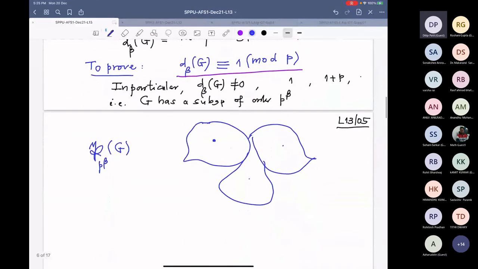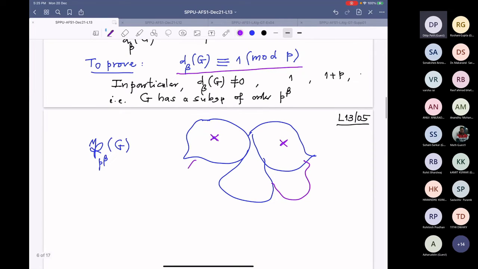Let us mark it. This orbit contains only one subgroup. This contains a subgroup. This doesn't. Or another one maybe it doesn't. Or another one maybe it does. And I want to count the number. Alright, that is the idea.